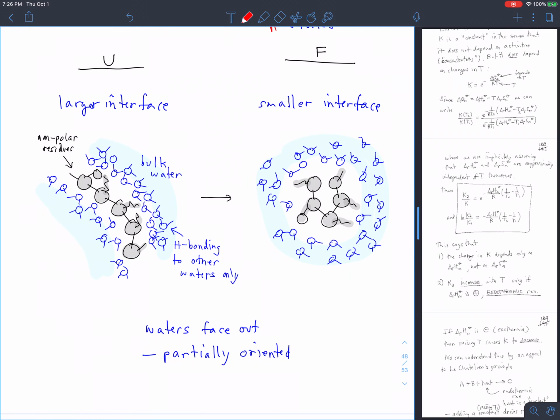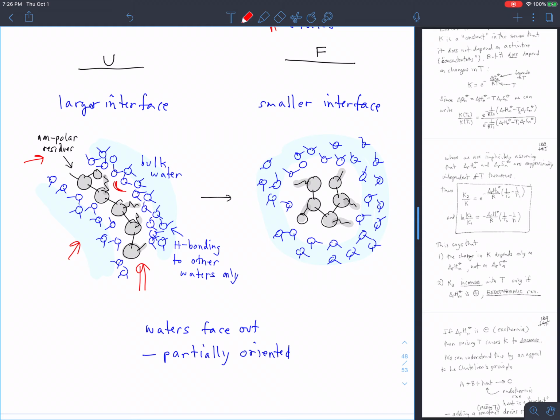It means the following. Let's suppose our chain is composed entirely of non-polar residues for the moment. The polar residues are different, but for the non-polar residues, the water right at the surface, at the interface between the bulk water and the protein chain, those waters are looking, if you like, for opportunities to hydrogen bond with the chain. Well, on a nonpolar residue, there are some opportunities, but there's relatively few of them.